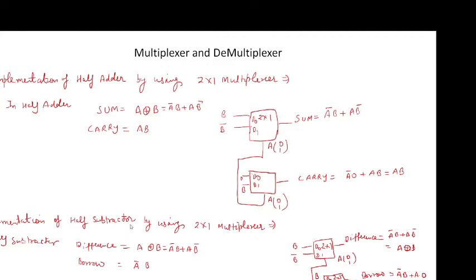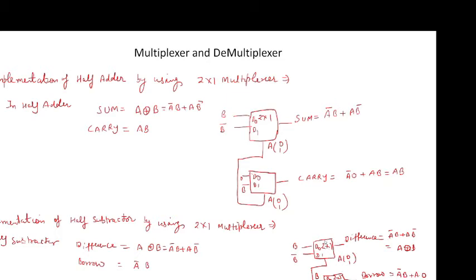Now we will learn how we can use a 2 by 1 multiplexer as a half subtractor. You know that in the case of the half subtractor, the difference is equal to A exclusive OR B, which is equal to A bar B plus A B bar, as in the half adder, and the borrow is A bar B. So again we will use a 2 by 1 multiplexer.